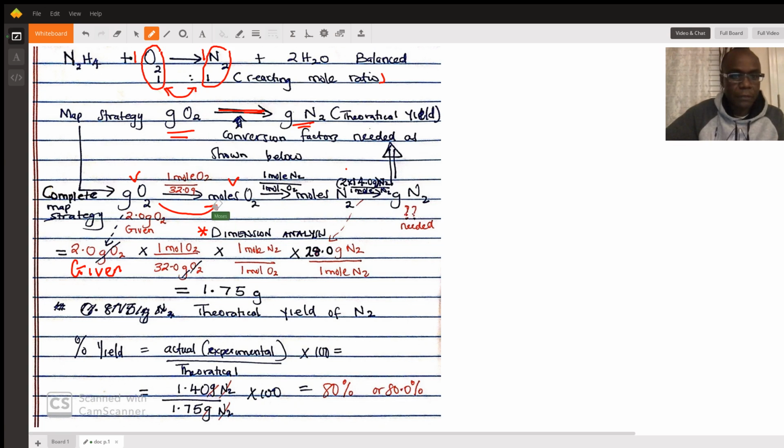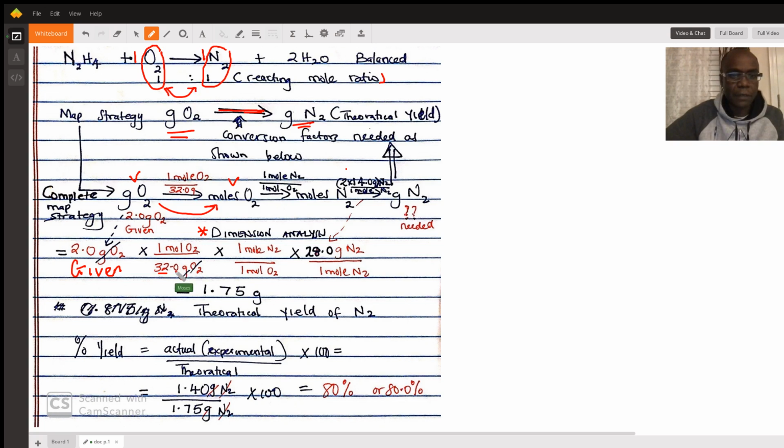To convert grams to moles, you have to tell yourself how many grams make 1 mole of oxygen gas. Each oxygen atom, according to your periodic table, has a mass of 16. Oxygen gas is a diatomic molecule, so we expect 2 times 16 to give us 32. So 1 mole of oxygen gas will always weigh 32 grams.